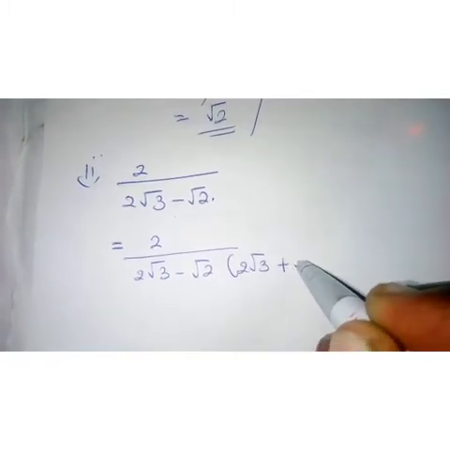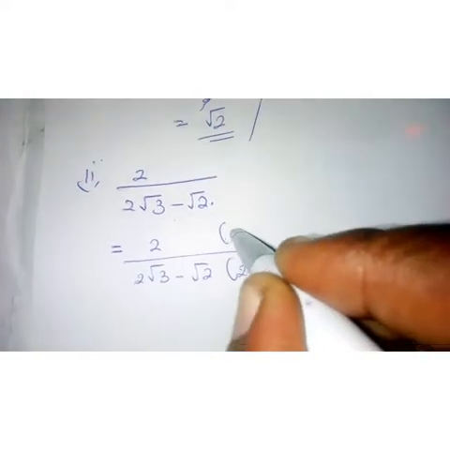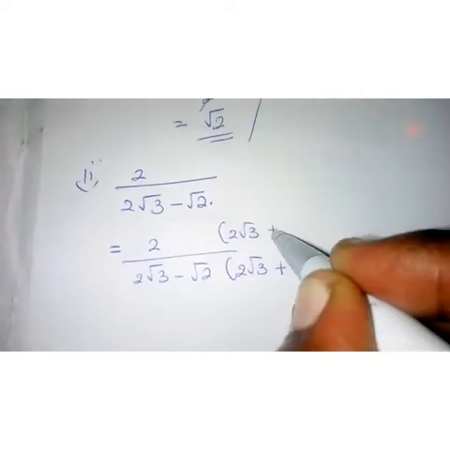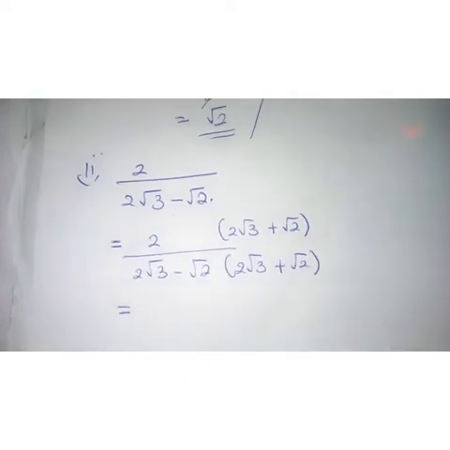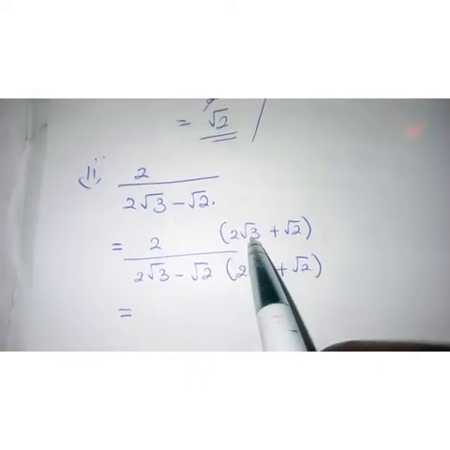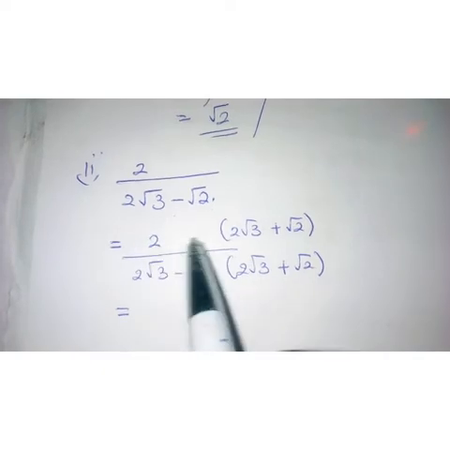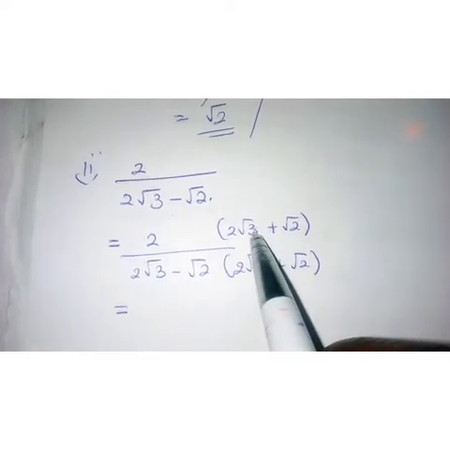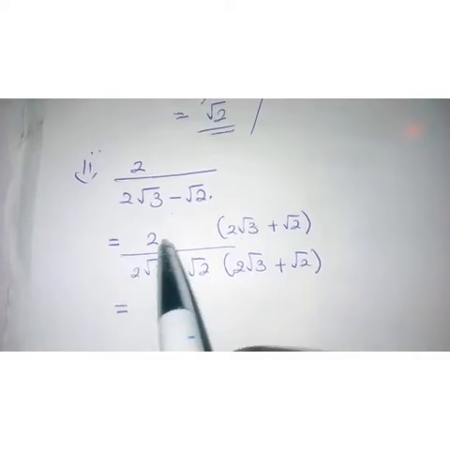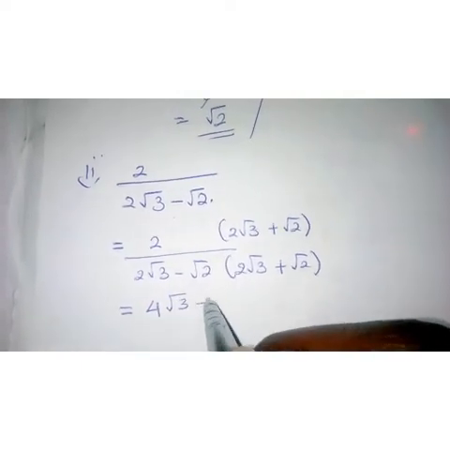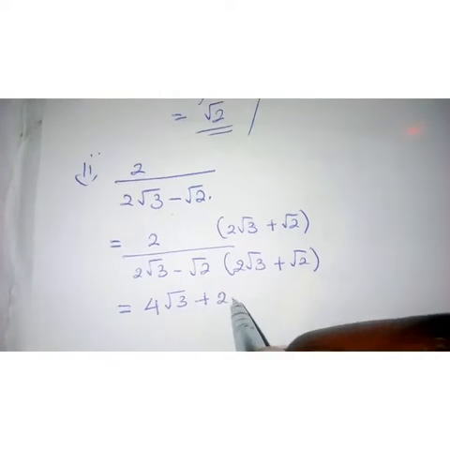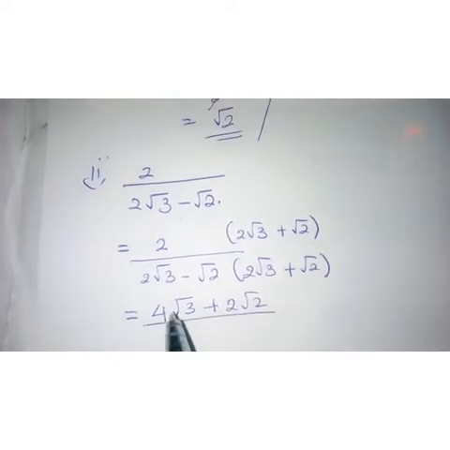It will be plus, 2 root 3 plus... So then we open brackets normally, 2 times 2 root 3. This is a 2, like we said, this will not multiply with the one under the root, so the 2 will multiply with the 2 and we get 4 root 3 plus 2 root 2 out of this denominator.